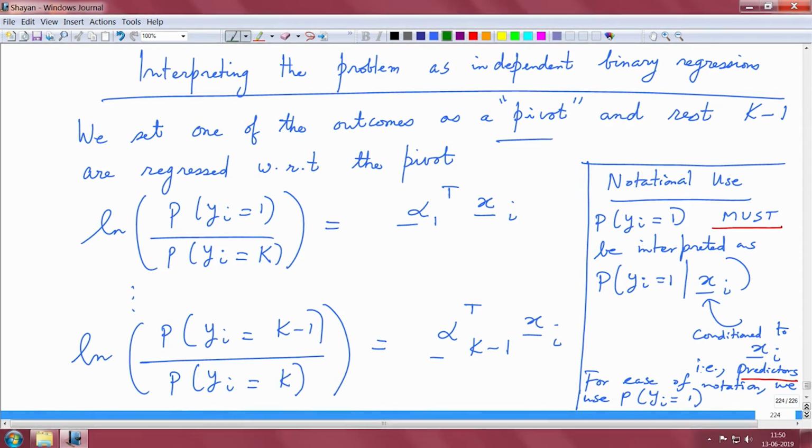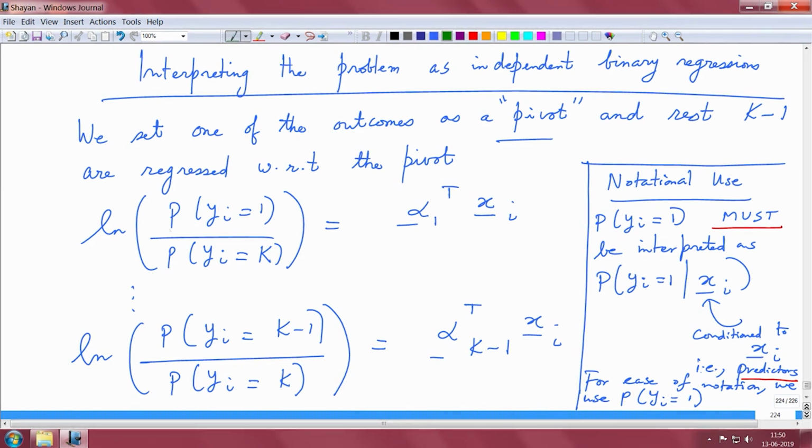So instead of writing this conditioning on xi, I just omit it for notational use and interpret it as p of yi equal to 1, because otherwise I would have to write this conditioning everywhere throughout. So keeping this notation, you have to follow the mathematics as appropriate.